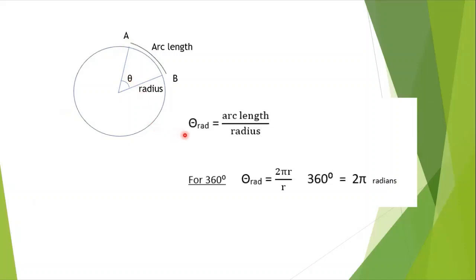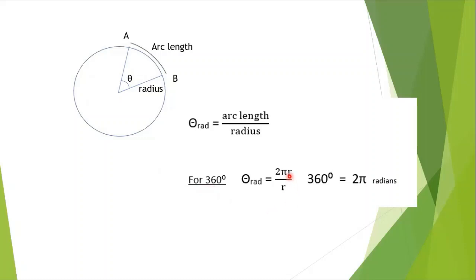We define an angle theta in radians as being the arc length divided by the radius. Don't worry too much about the maths here. Now, if we think about something starting at A and going right round back to A, it's moved through 360 degrees.